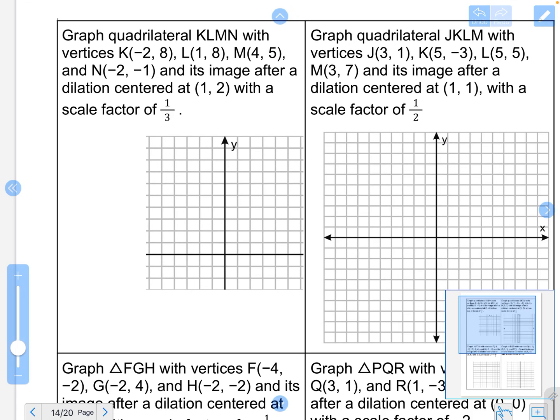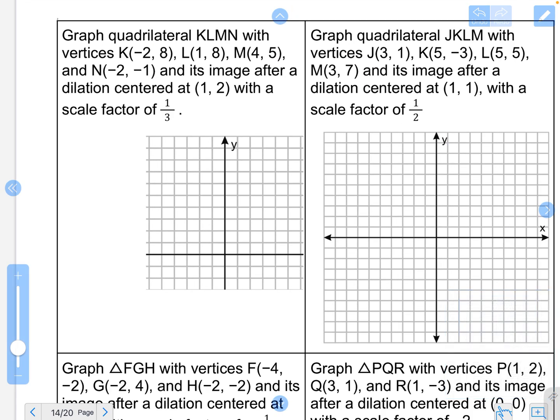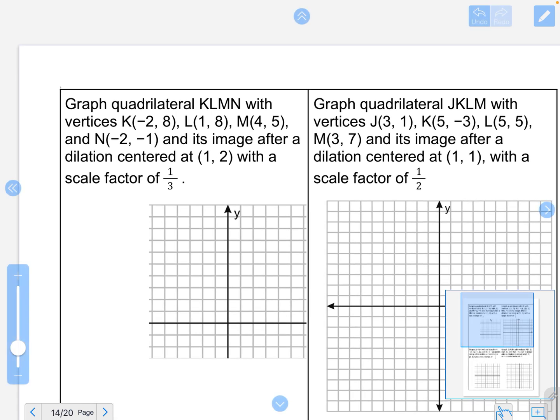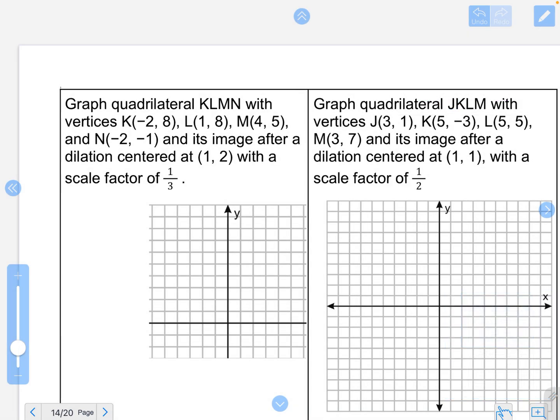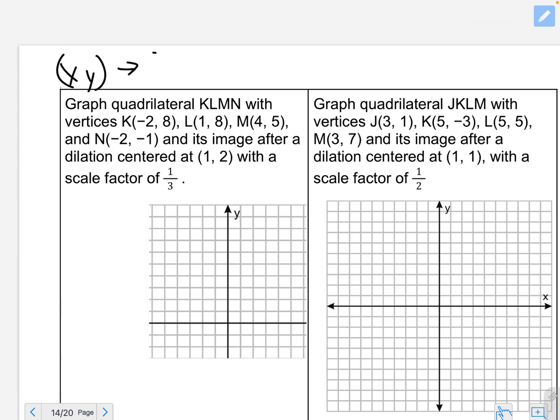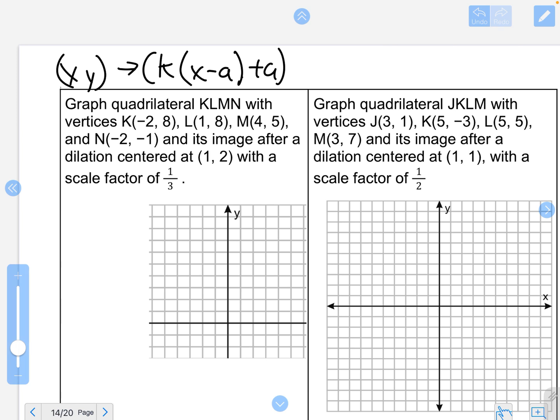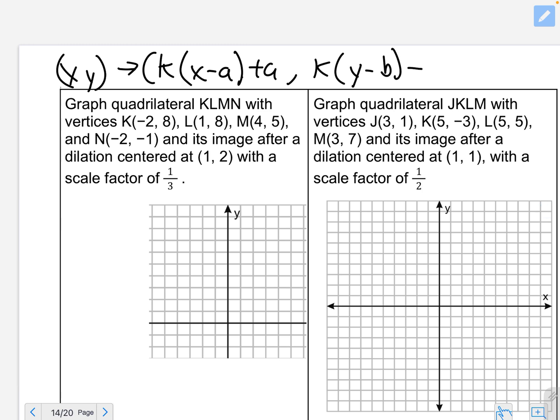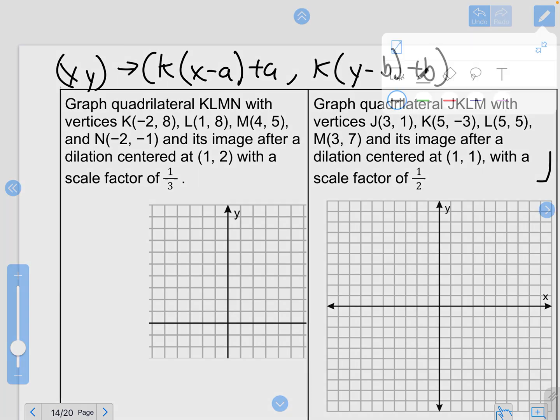All right, so these get a little bit more complicated because this is with our complicated rule. So I'm going to real quick write our rule up here. So x comma y is transformed into k times x minus a plus a, comma, k times y minus b plus b.